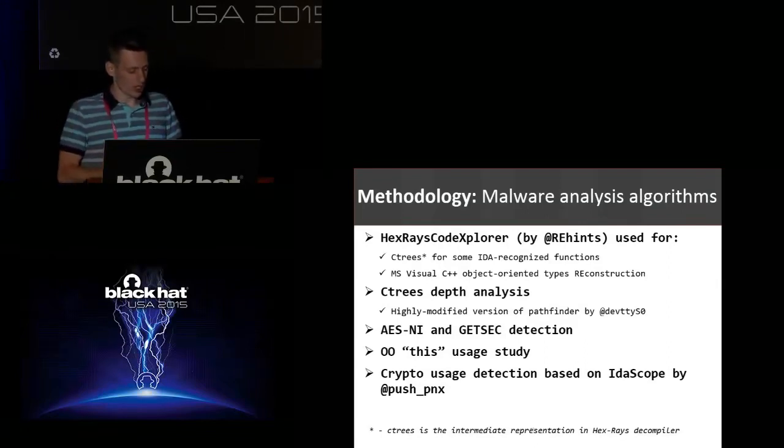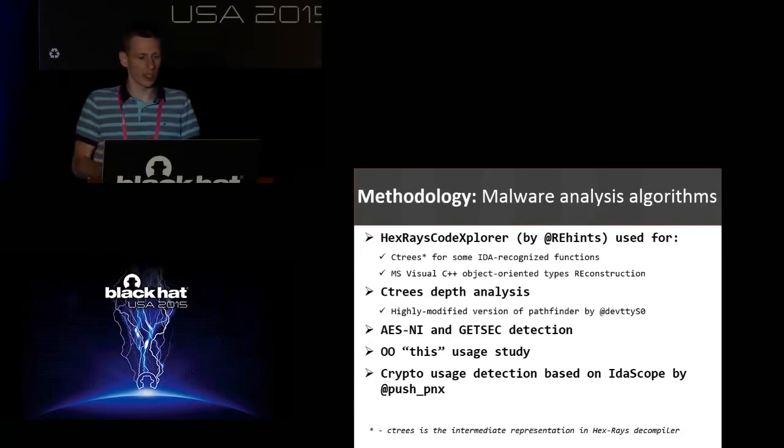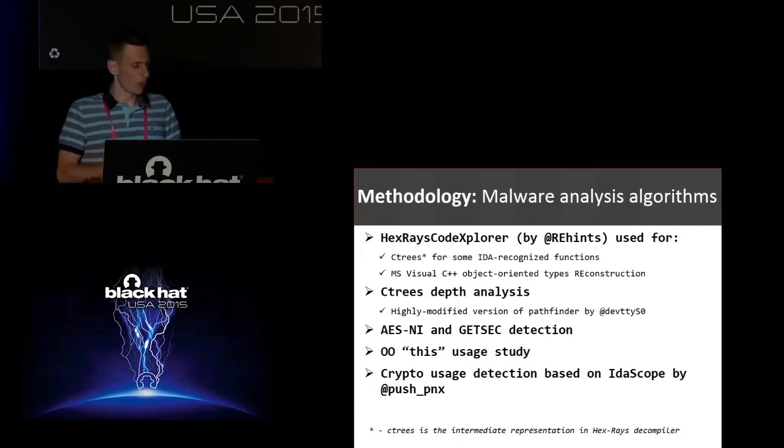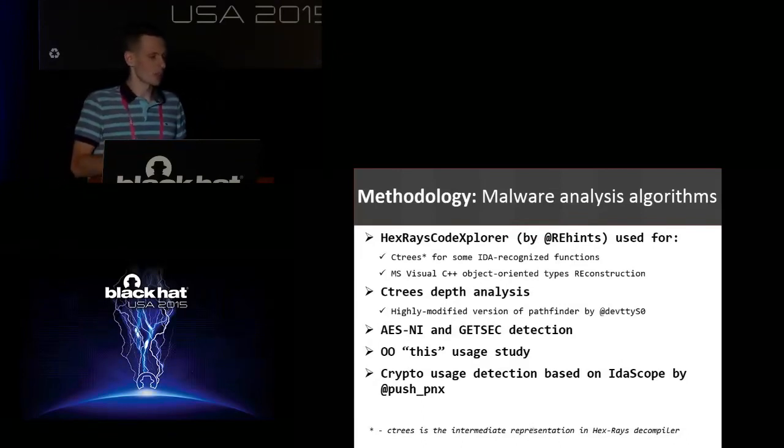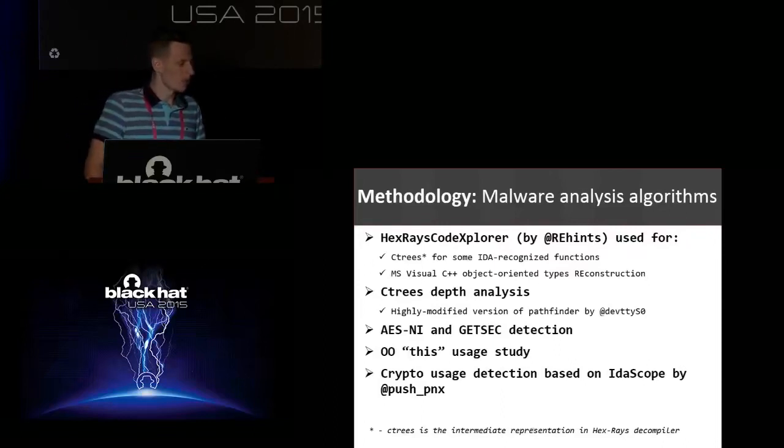We were dumping ctrees for some IDA-recognized functions. We didn't dump for every function. We'll explain later why. We were reconstructing Microsoft Visual C++ types from the binaries and doing cross-correlation between them.